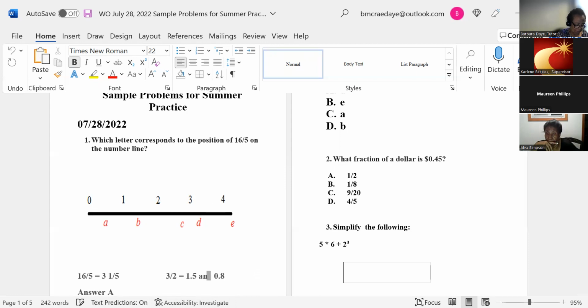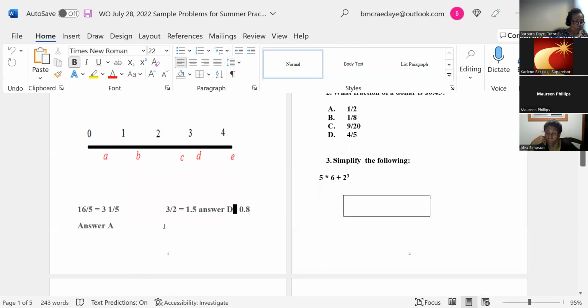This one was A, so it was answer C. I'm sorry, B. So it was answer D. Okay, now I'm giving you another number, 0.8. Let's just put it down here. Now you tell me what letter it corresponds to. What's the answer?